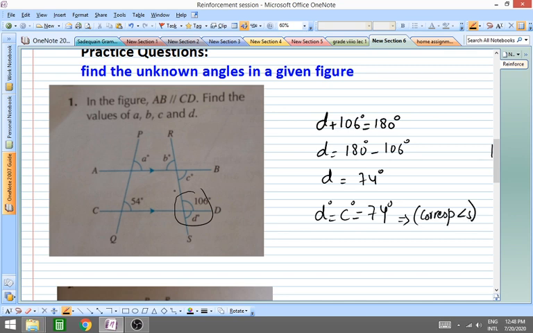Now if you see C and B, as lines AB and RS are intersecting lines, by the definition of vertically opposite angles, B would also be equal to C. D was equal to C by the definition of corresponding angles, and C is equal to B, that would also be equal to 74, by the definition of vertically opposite angles.